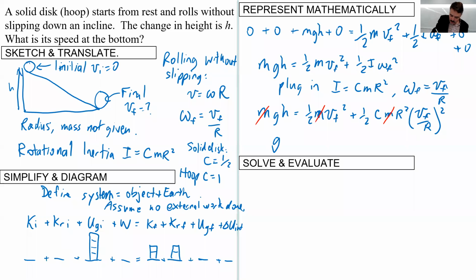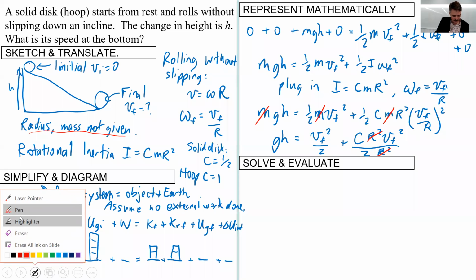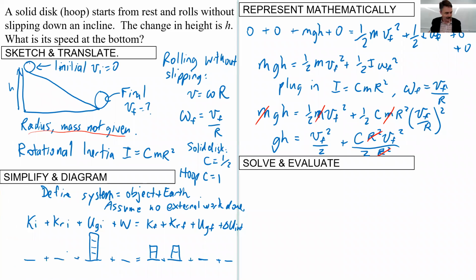So you've just got gh is equal to v final squared over 2 plus, there's a c, there's an r squared, there's a v final squared over 2r squared. Now the r's cancel, that's good. So there's no more r's either. And since we didn't know the radius or the mass, it's good that they're not there. I can times both sides by 2. I get 2gh is equal to v final squared plus c times v final squared.